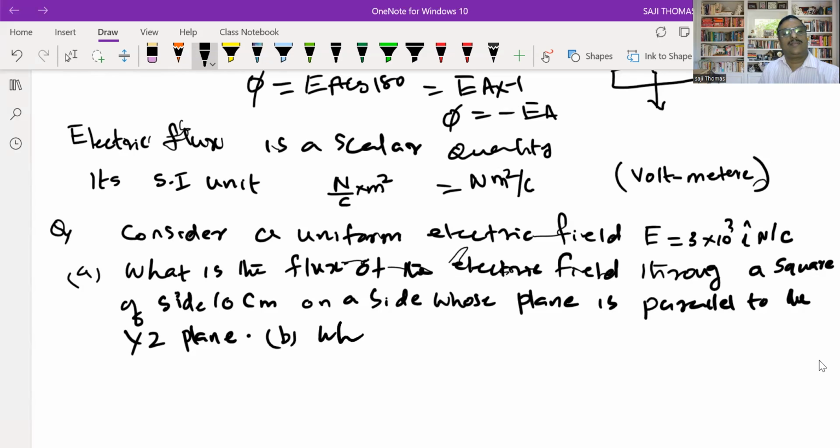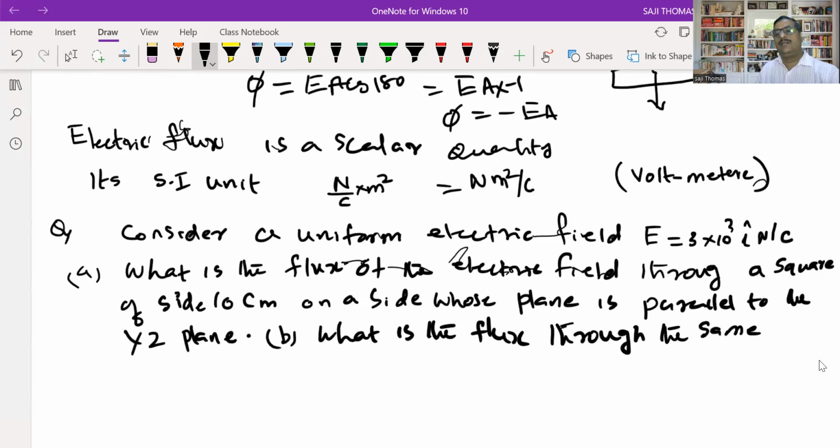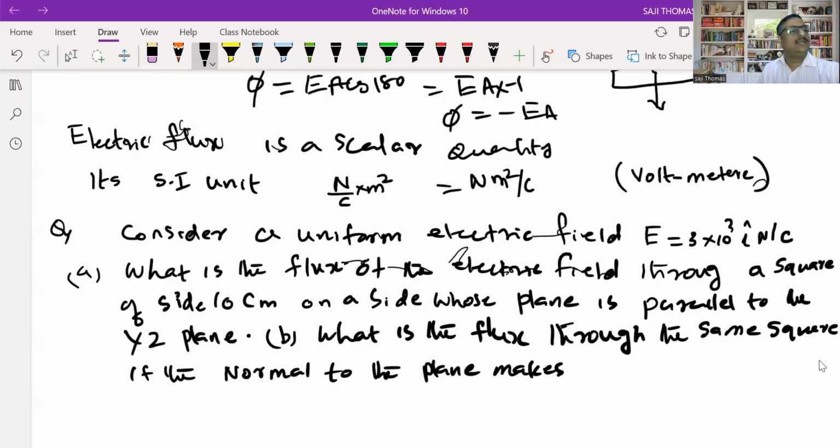Second question: What is the flux through the same square if the normal to the plane makes a 60-degree angle with the x-axis?